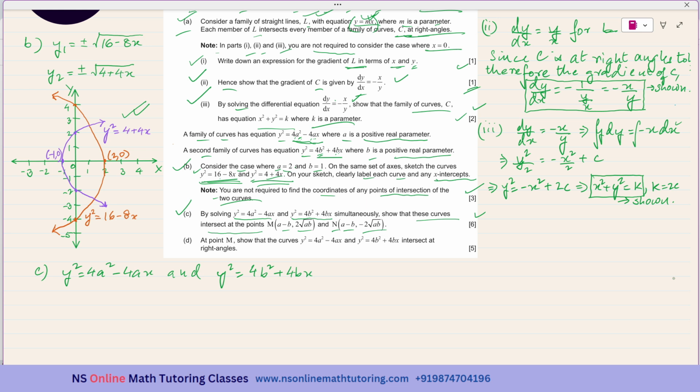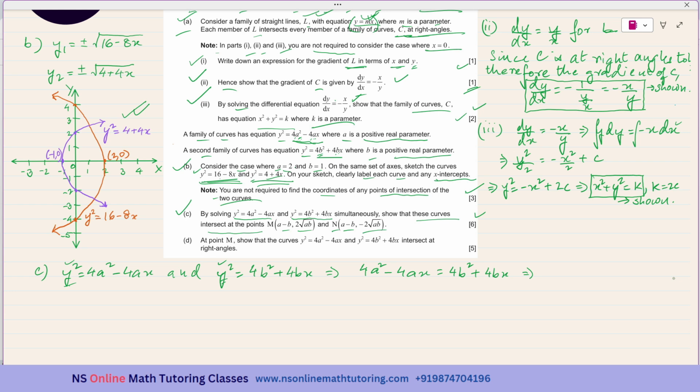So you can number the equations, and then after this you have, this implies 4a square minus 4ax, because the left hand side of both the equations are the same. It is equal to y square. So I can equate the right hand side. So 4a square minus 4ax equal to 4b square plus 4bx. I am trying to get the x coordinate first.